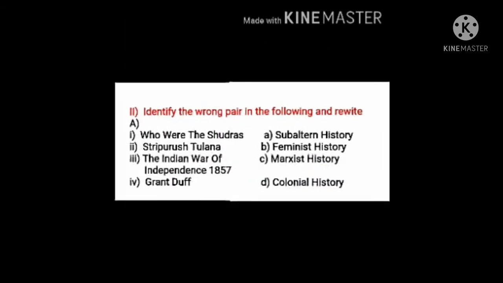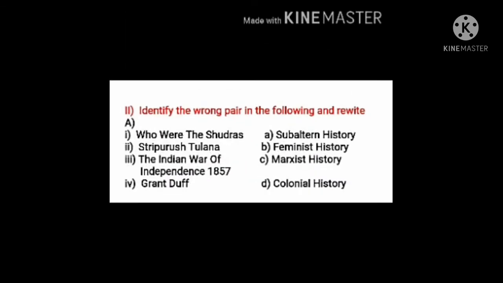Now let's learn the second question, identify the wrong pair. While solving the first lesson worksheet, I have already given you instructions on how to write the answer. So follow the instructions and write it down accordingly. Let's read the first one. On the left side, all the book names are there, and on the second side, the types of historical books, that is, whether the books were written on subaltern history or feminist history.